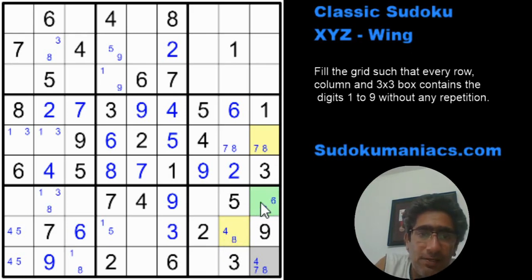Which would be this, because row 7 column 9 shares the column with row 5 column 9 and row 9 column 9, and also shares the box with this cell which has the possibility of 4 and 8. So we know for sure the 8 can never be here. So this becomes a 6. I get a 6 here.